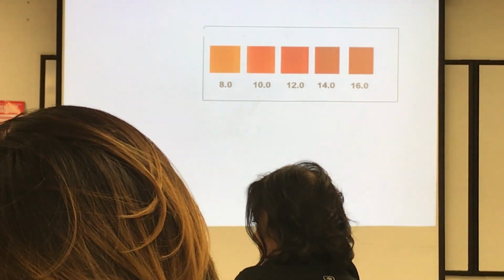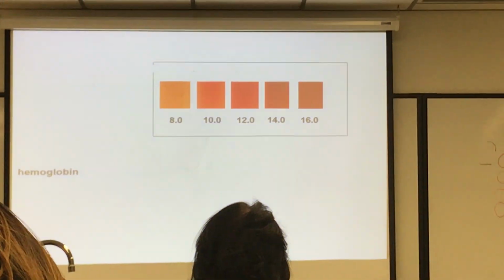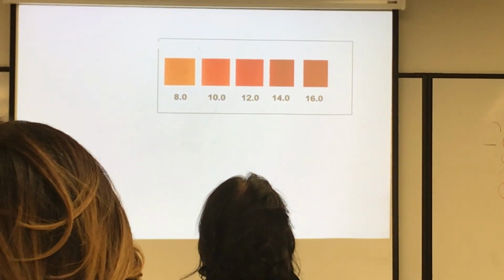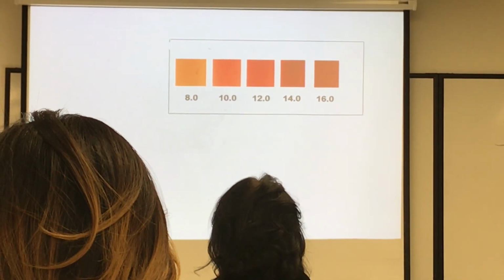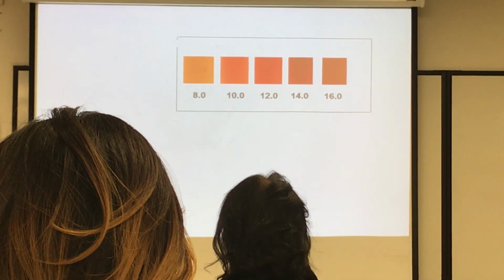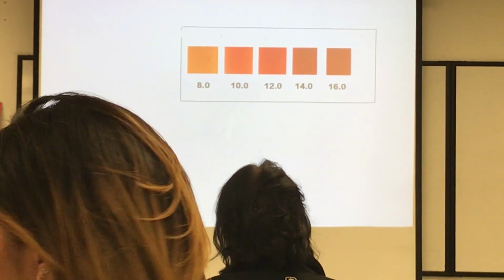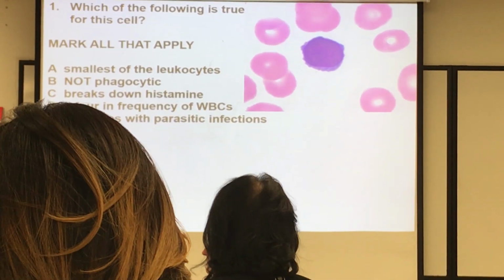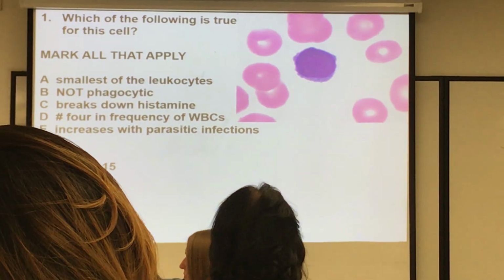So on a lab quiz or a lab exam, if I were to show you the apparatus and ask what blood test this is being used for, they want to tell me the erythrocyte sedimentation rate or the hemoglobin or the hematocrit. Okay? All right, so quiz number 1, question number 1 on quiz number 15.